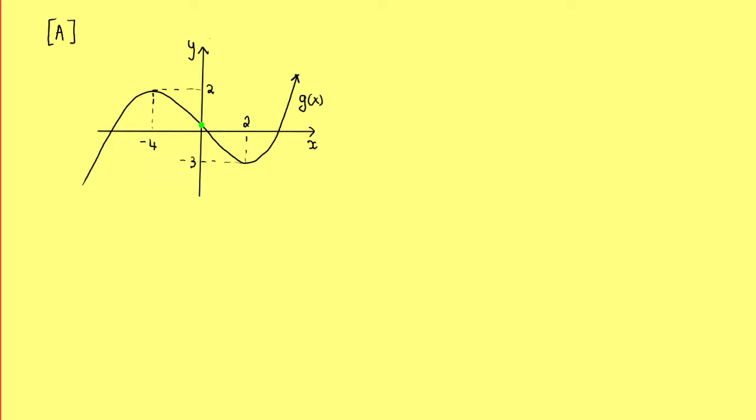We are given a function and a graph. G of x is our function, and here we're given a graph. Now the x value of our point of inflection happens to lie on the y-axis. What do? We draw a vertical line.